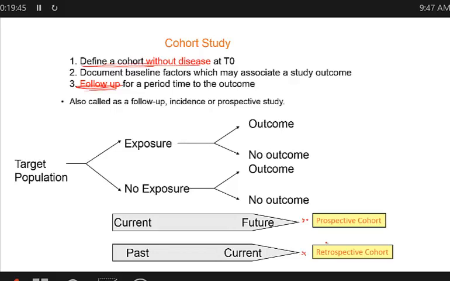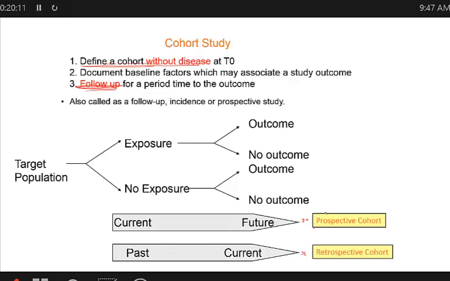If it's today, that's the baseline, and you will be following them up over time. So that would be a prospective cohort. If it's 10 years ago, you define the cohort as patients who came to the Vanderbilt outpatient clinic 10 years ago, and the data are already there. So that's a retrospective cohort.